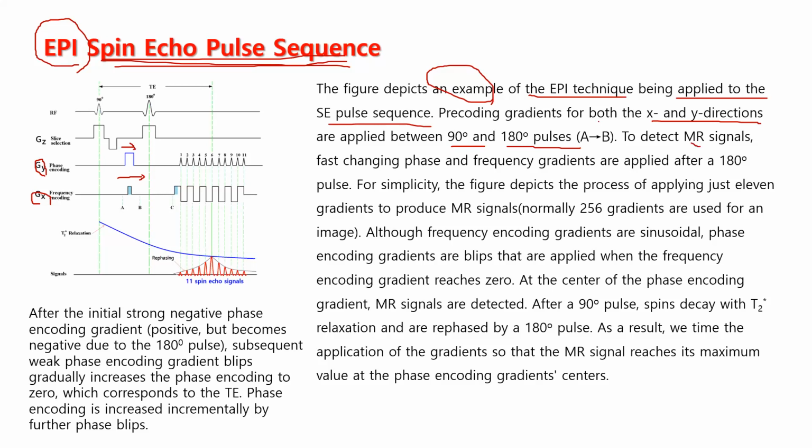To detect MR signals, rapidly changing phase encoding and frequency encoding gradients are applied after the 180 degree pulse. So after the 180 degree pulse, we use fast changing phase encoding gradient and frequency encoding gradient.